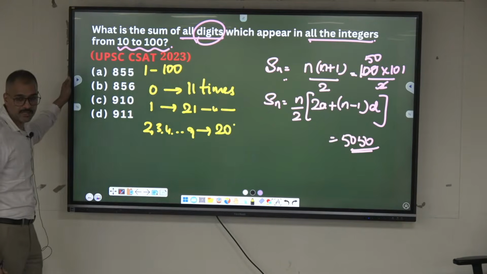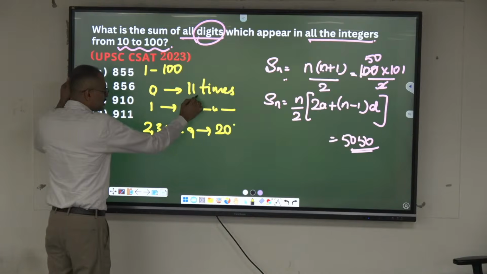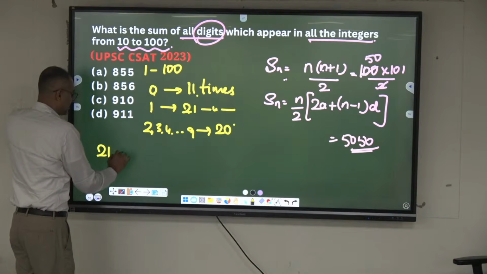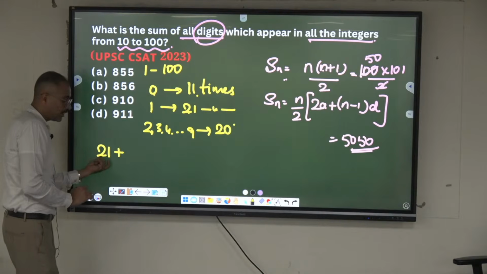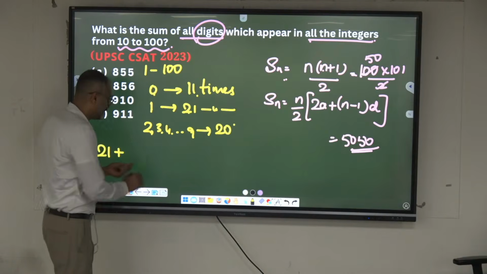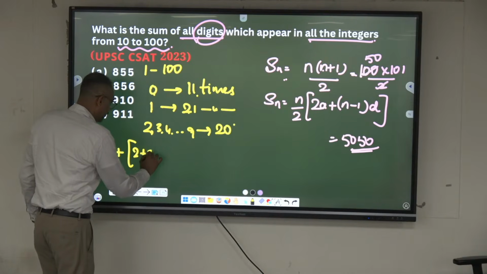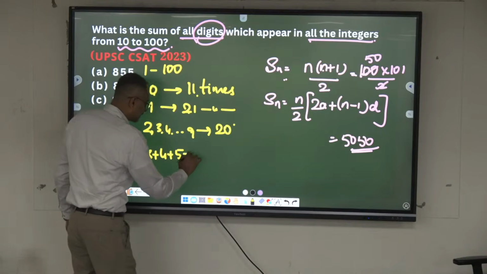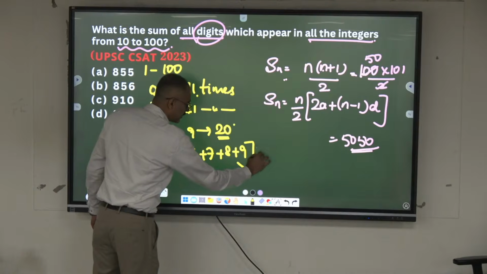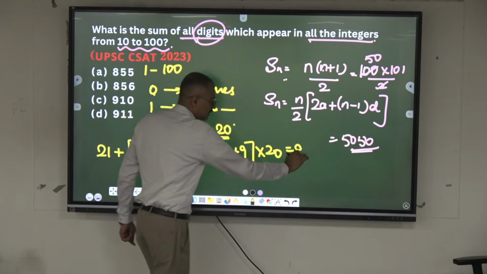If I add all the 0s, 0 into 11 is 0 only. If I add the ones, 21. This is the sum of all the 1 digits. This is the sum of 2, 3, 4, 5, 6, 7, 8, 9: 2 plus 3 plus 4 plus 5 plus 6 plus 7 plus 8 plus 9, each 20 times. So you know what the sum is?